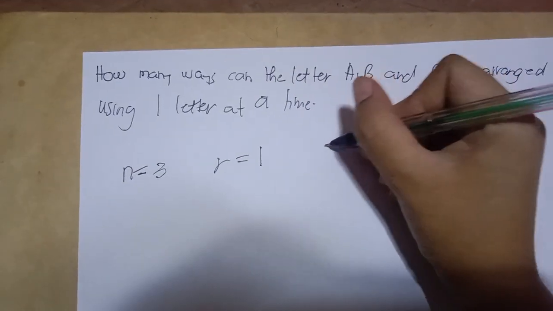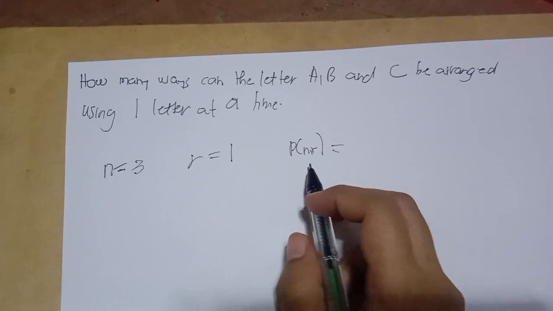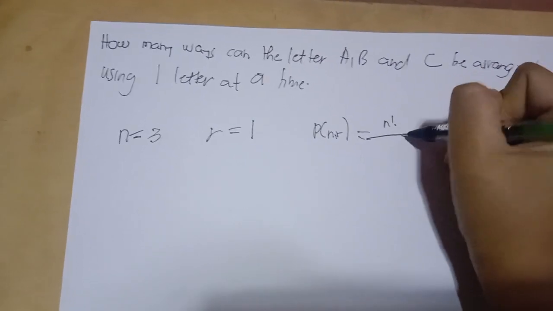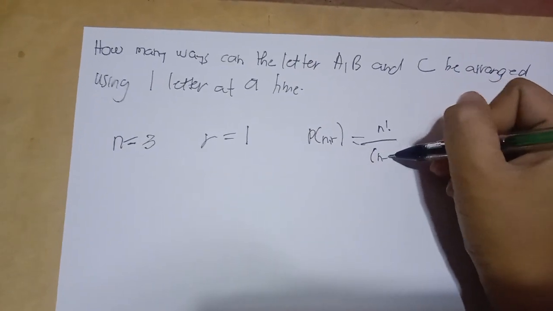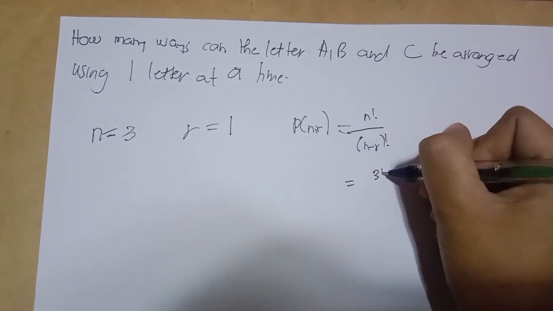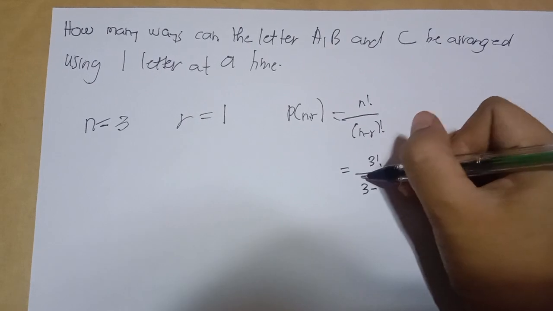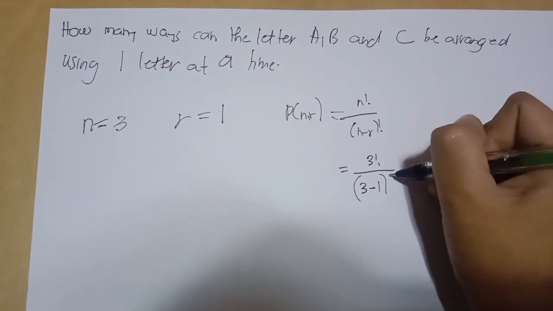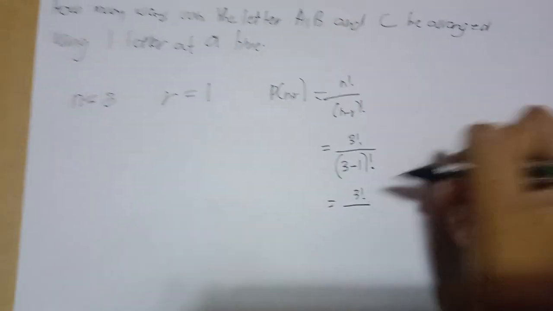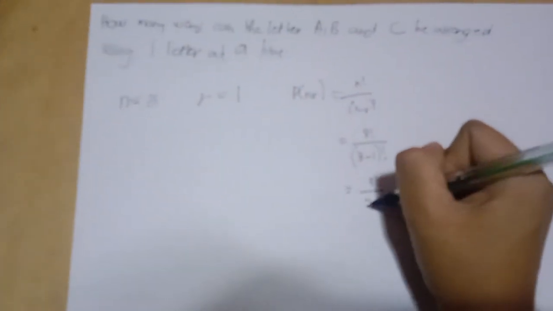Using the formula P(n, r), the permutation of n objects taken r at a time, n factorial over n minus r factorial. So 3 factorial over 3 minus 1, which is 2, so 2 factorial.